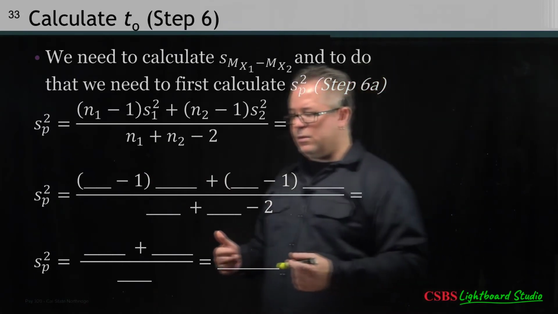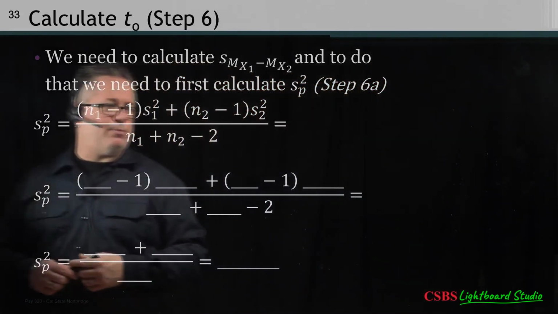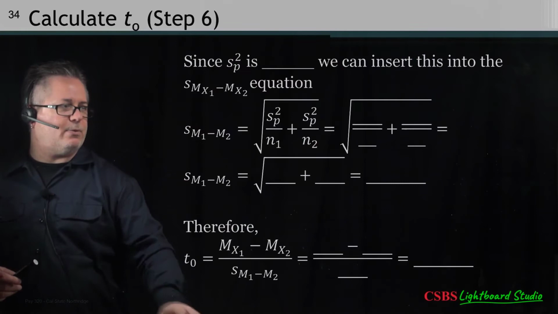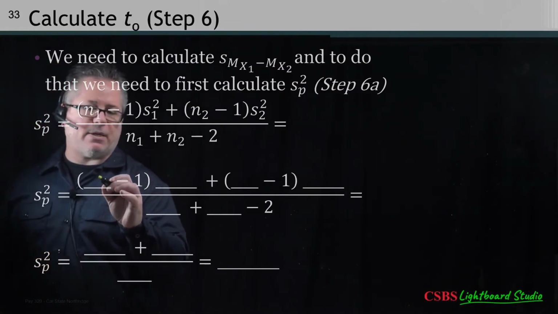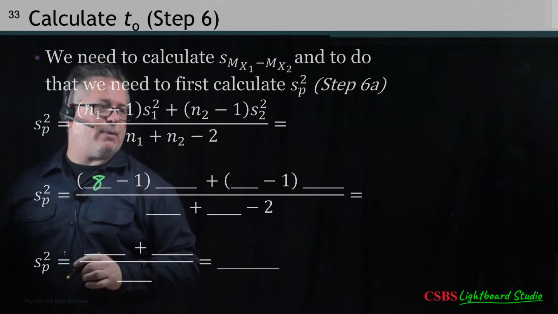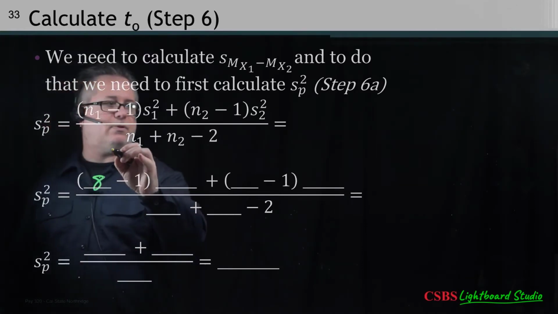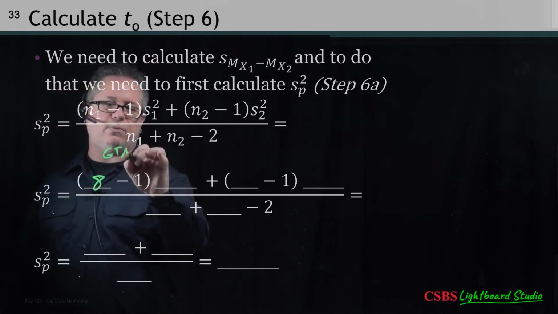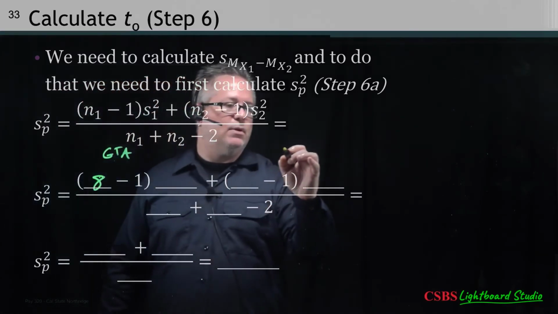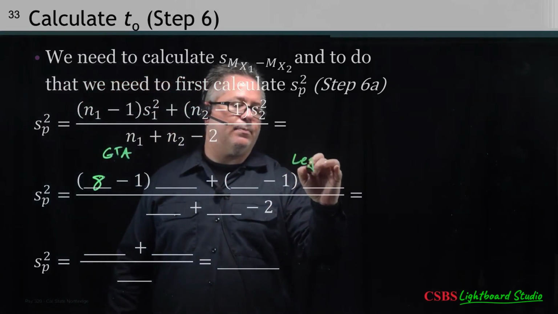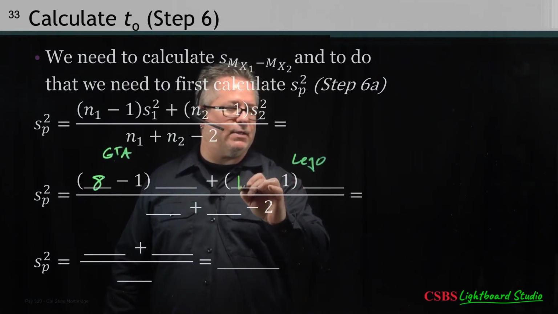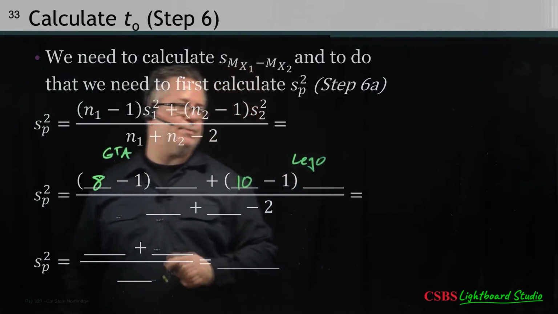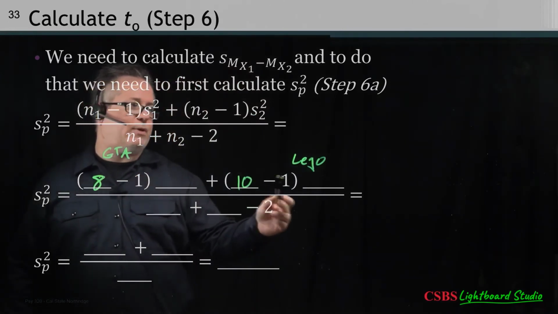So we got to do a little tracking some stuff down in our example. I don't think I have it on the next page. No, I don't. So I know that in my first group, because 2 people dropped out, this is 8. So 8 minus 1, and this is for the GTA group, right? And this one is for the Lego group. Okay. So I got 8 there. Here I have 10. So I know that's my degrees of freedom. 7 for this group, 9 for that group.